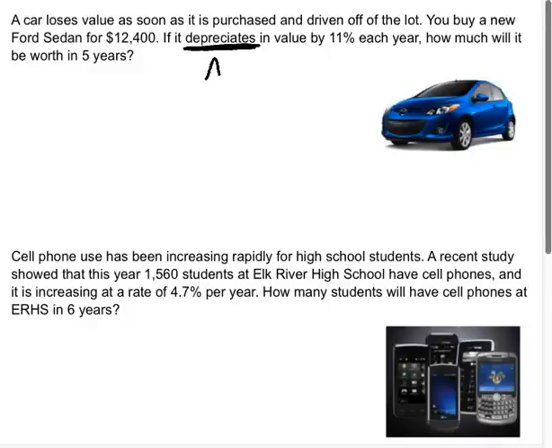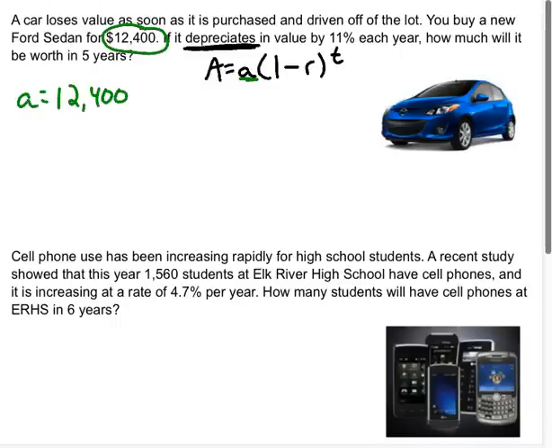So what we're looking for in this one, decay, means we're going to be looking for that structure with the minus. The next thing I would do is start focusing on finding my A, which is my initial value. So my initial amount is 12,400. And then that rate is 11%.